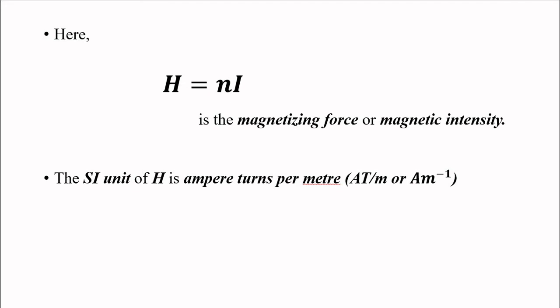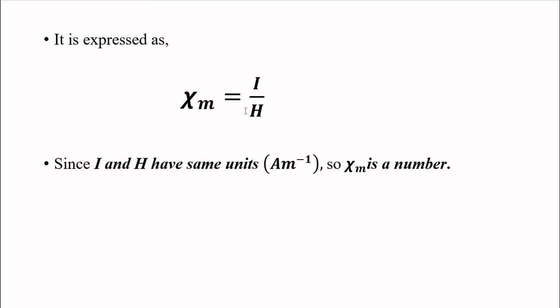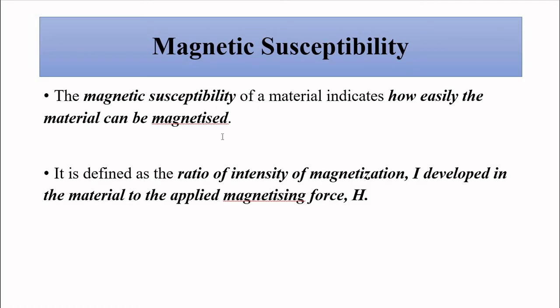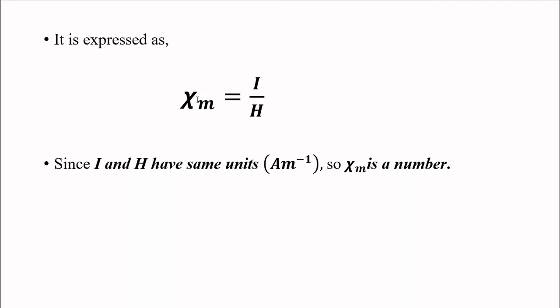So the ratio between intensity of magnetization and magnetizing force is expressed as magnetic susceptibility. Here I and H have the same units, ampere meter inverse. So this ratio does not have any unit, it is a number.